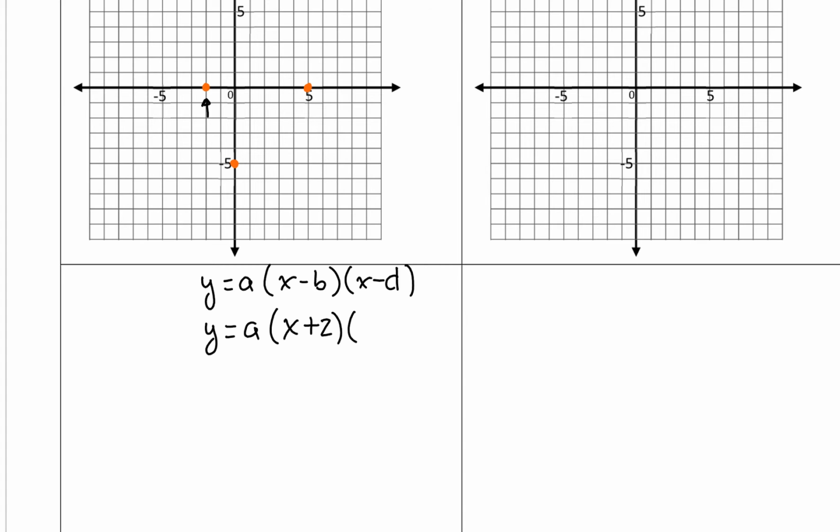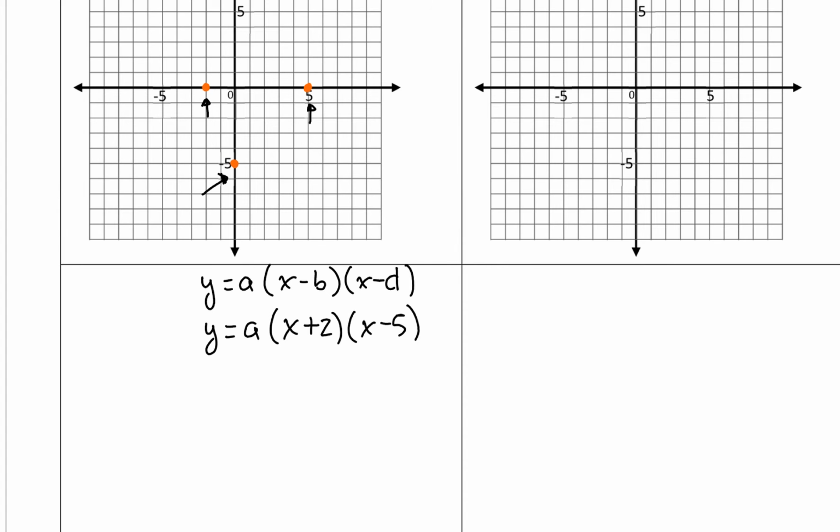And the other one is x minus a positive 5, so we're going to do x minus 5. So far, if a is equal to 1, this parabola at a minimum will go through those two points. The question is, will it also go through this particular point? And I think not.